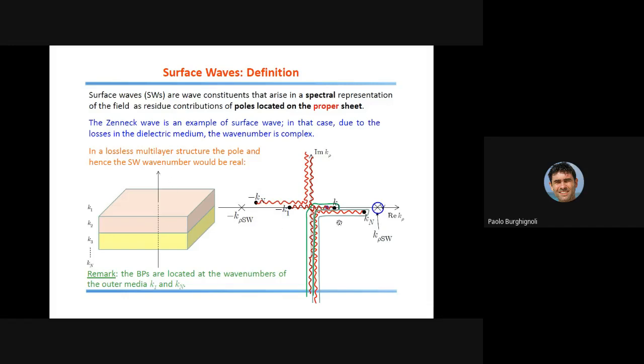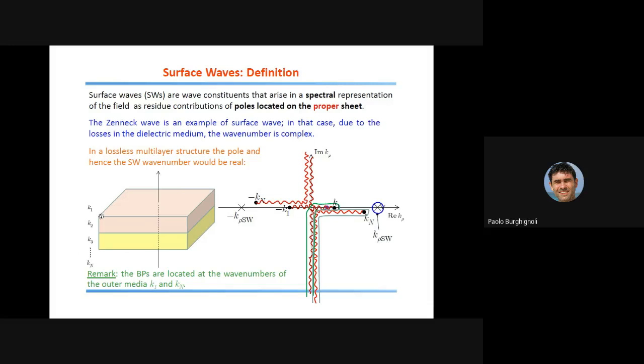And then there is another pair of branch points, kn and minus kn, associated with the lower semi-infinite medium. All the remaining wave numbers in the intermediate layers having finite thicknesses do not produce multi-valued square roots inside the integrand, and therefore they do not introduce additional branch points.